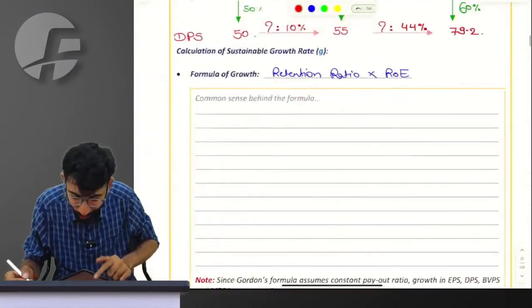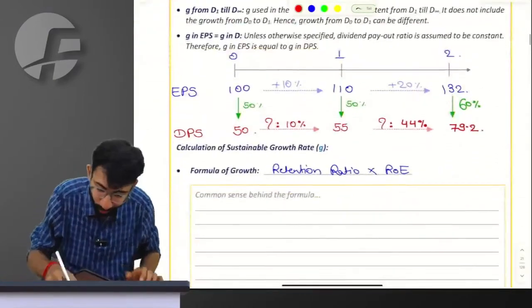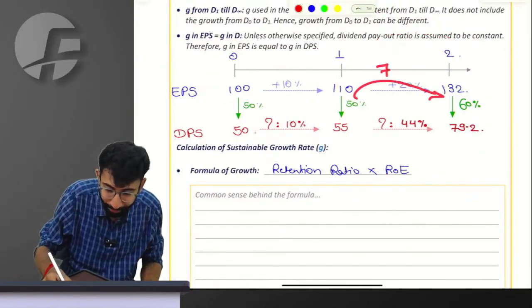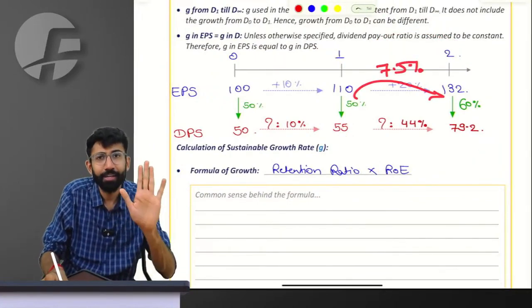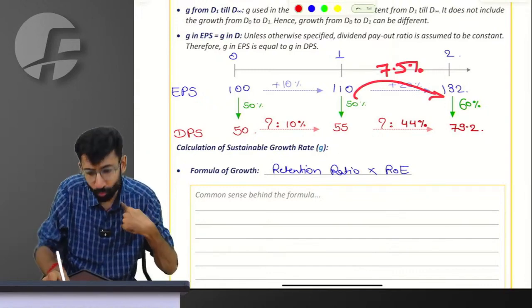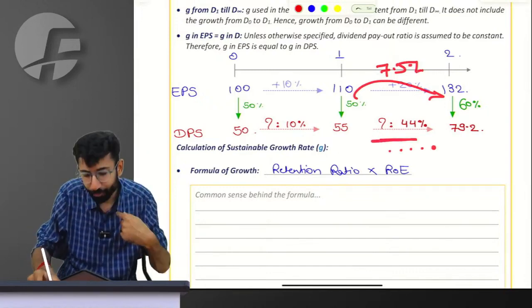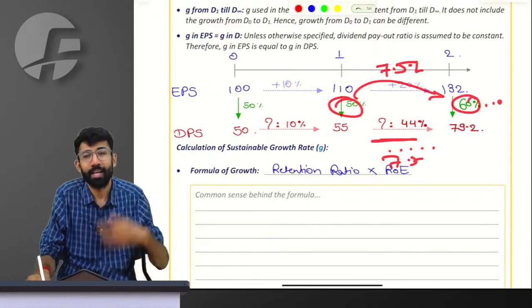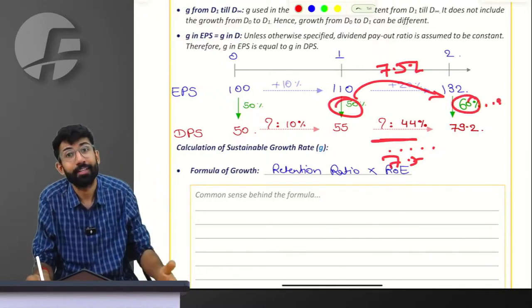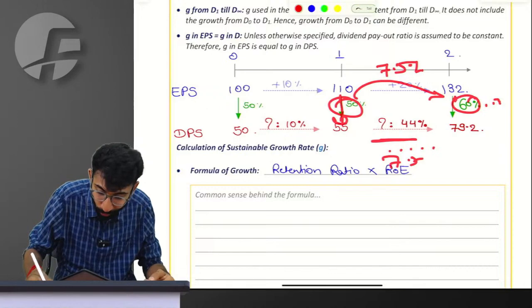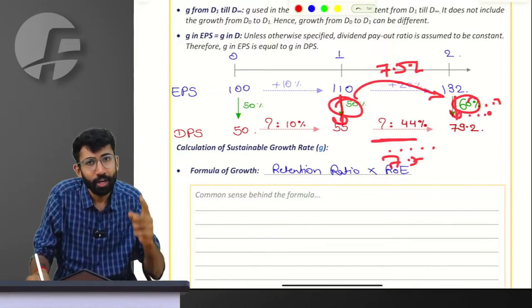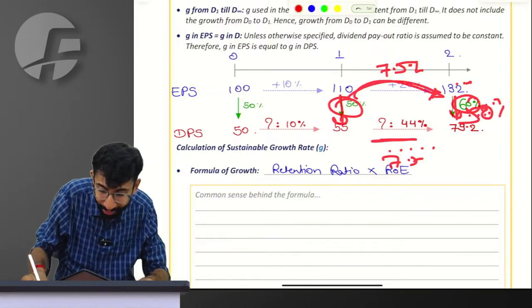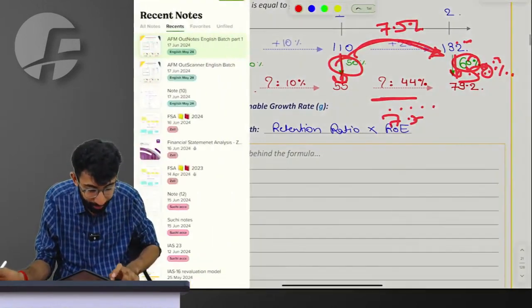Your earnings will grow by 7.5%, agreed. But why should I assume that dividends will also grow by 7.5% if the payout ratio is changing? It cannot. The payout ratio has changed. Earnings growth needs to be calculated, and of that, the revised 50% needs to be calculated.